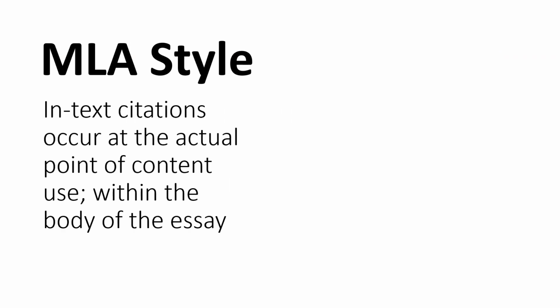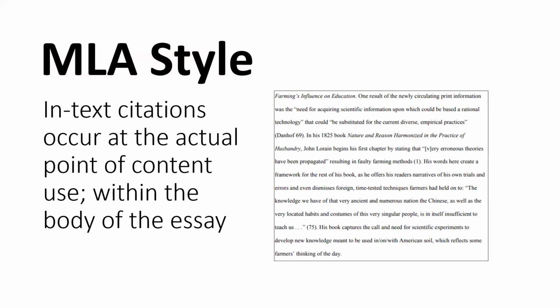All right. In text citations or parenthetical documentation occur at the actual point of content use. They are within the body of the essay. And I just pulled this little clipping from an essay online. But you can see that this is the body of the essay, and you can see that there are signal phrases, where they are mentioning the author or the book.